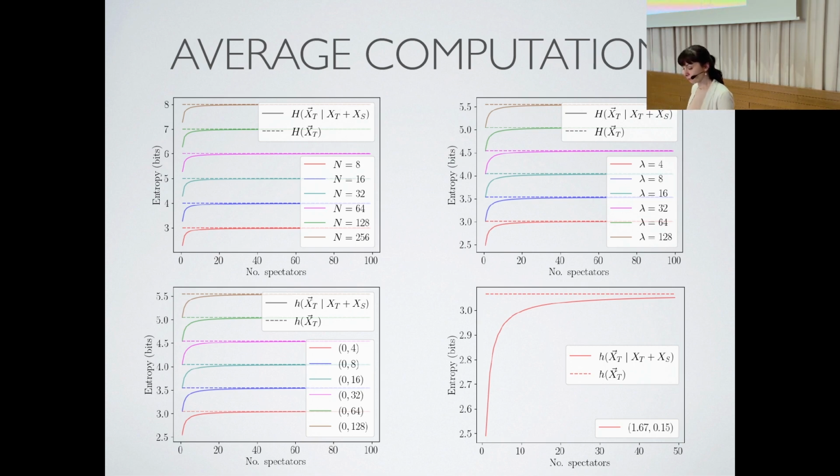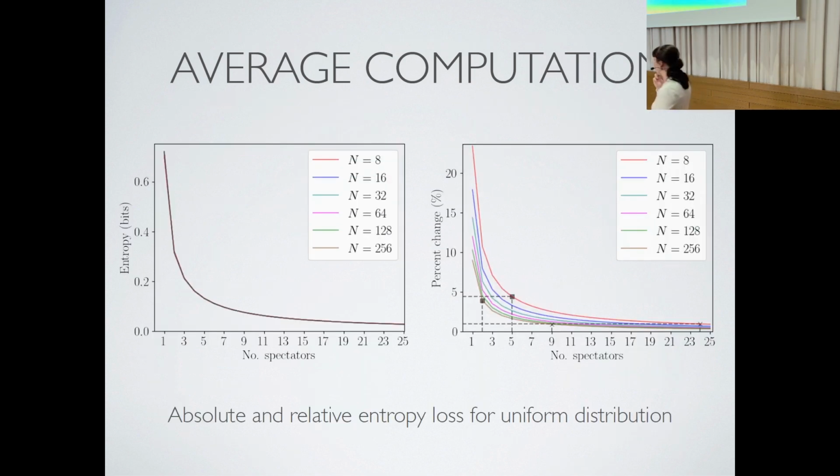I would like to look at them more closely, and this function was special because we're able to get very nice distributions that are very close or the same, and this is different for other functions. Now we're looking into additional functions that don't have the same behavior. This shows the information loss for the uniform distribution, the entropy loss.